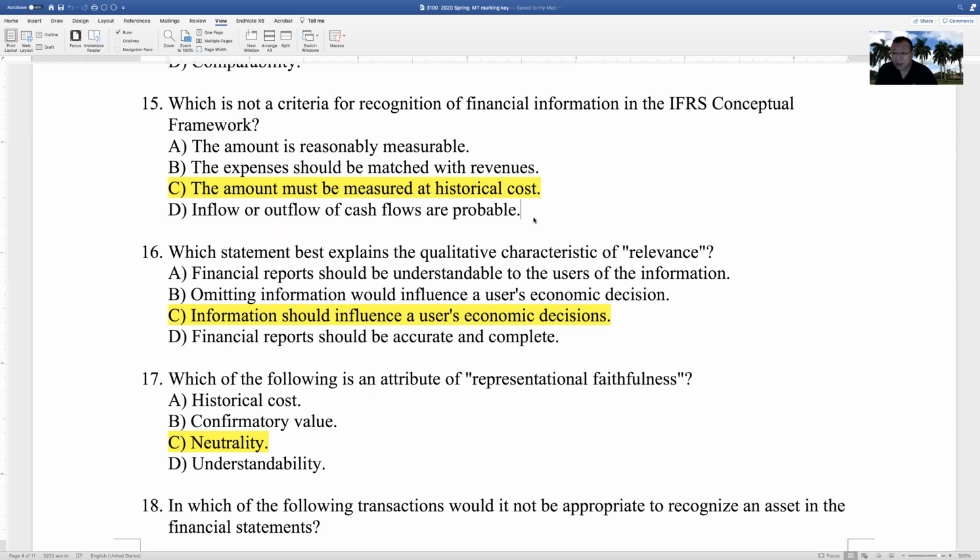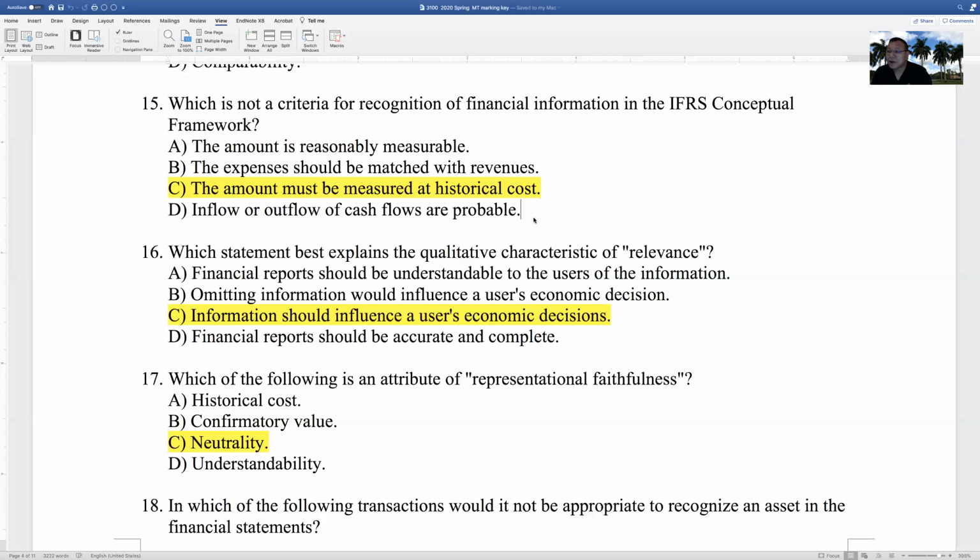If you know there is one customer who is going to file bankruptcy, the inflow or outflow of the cash is not probable, right? In that case, you should not recognize it.